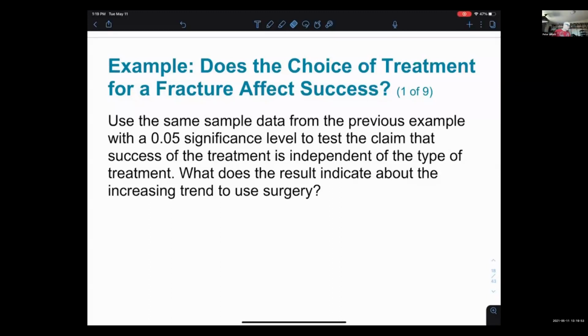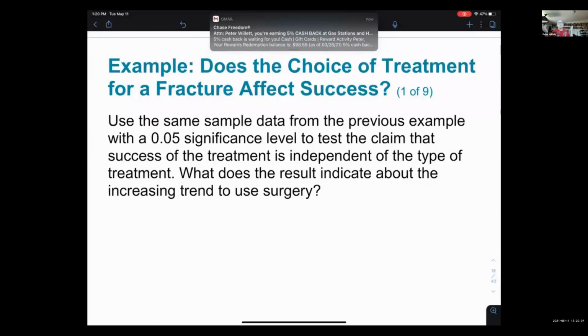It says, use the same sample from the previous example with a 5% significance level to test the claim that success of the treatment is independent of the type of treatment. Surgery, cast, doesn't matter. Your success for treating your broken bone will be the same no matter what treatment. That is the claim. What does the result indicate about the increasing trend to use surgery?